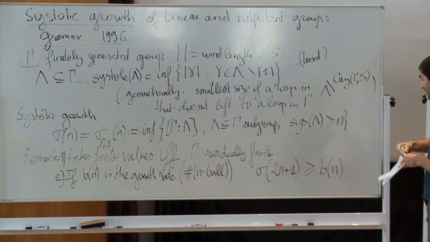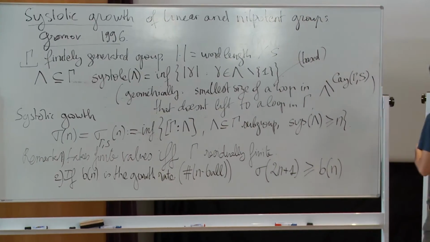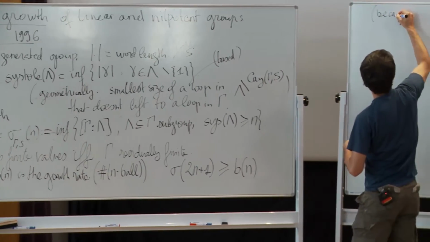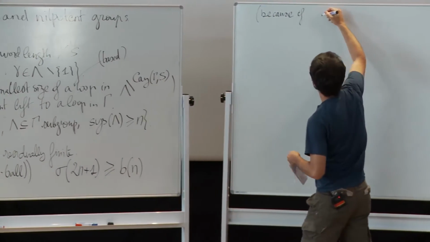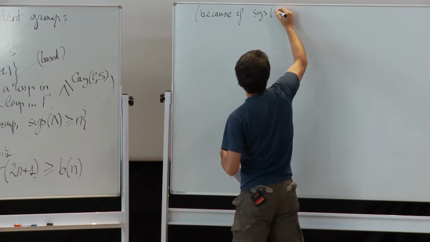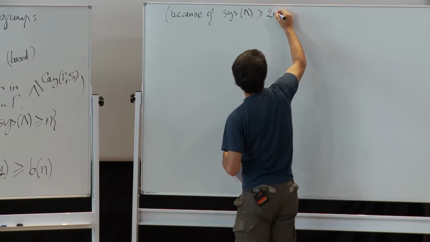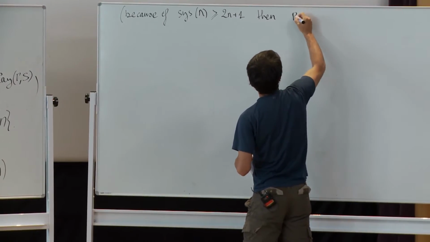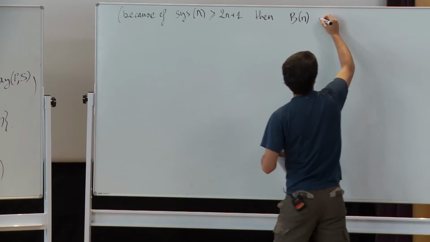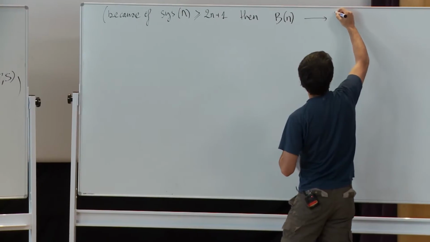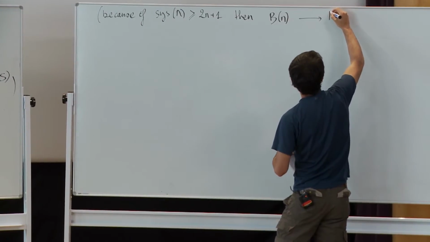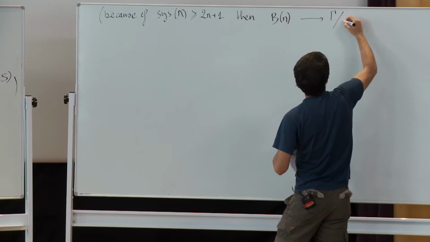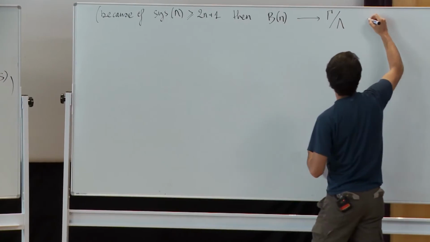That's because if the systole of lambda is greater than 2n plus 1, then the ball of radius n, when you map to gamma mod lambda, this is injective.